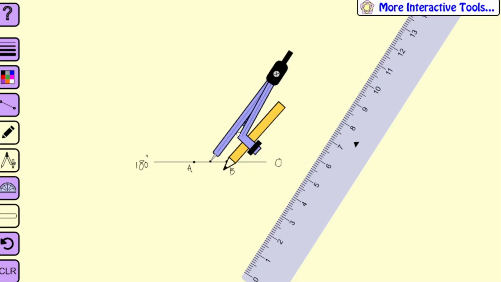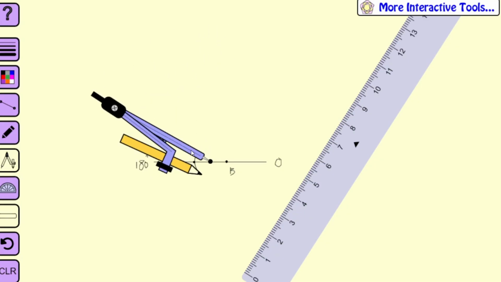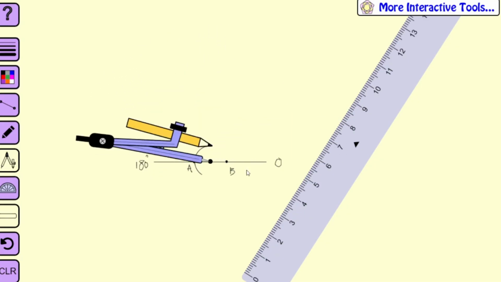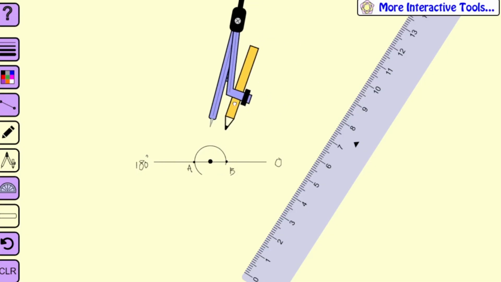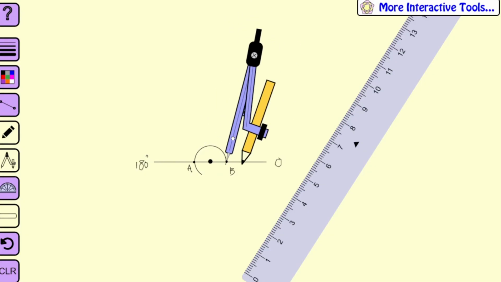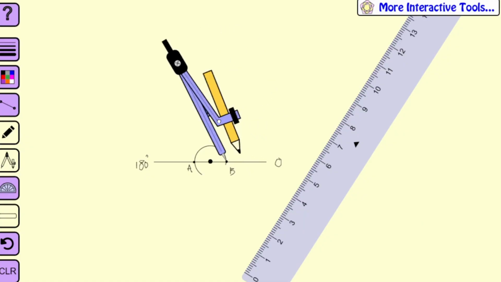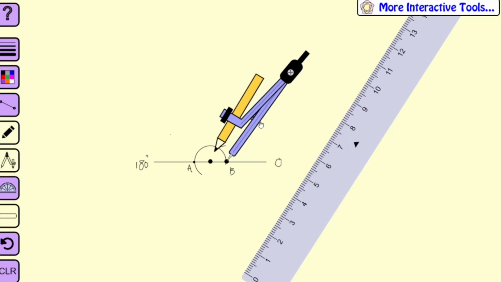Let me do that again and let me take my time this time. Under to under. Then keeping the same radius, I don't change it. I don't open it. I don't close it. I put it at point B. And then I'm going to scribe and cut the semicircle.